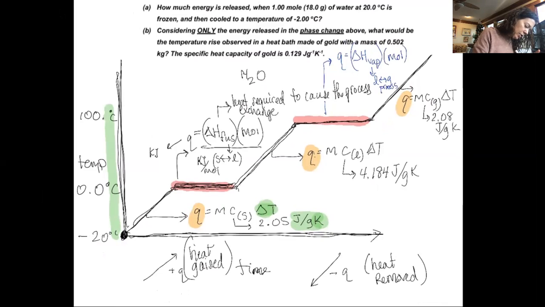It is the energy required, the heat exchange required to cause the process, right? And it is also in kilojoules per mole. So once again, and we'll be finished here soon.